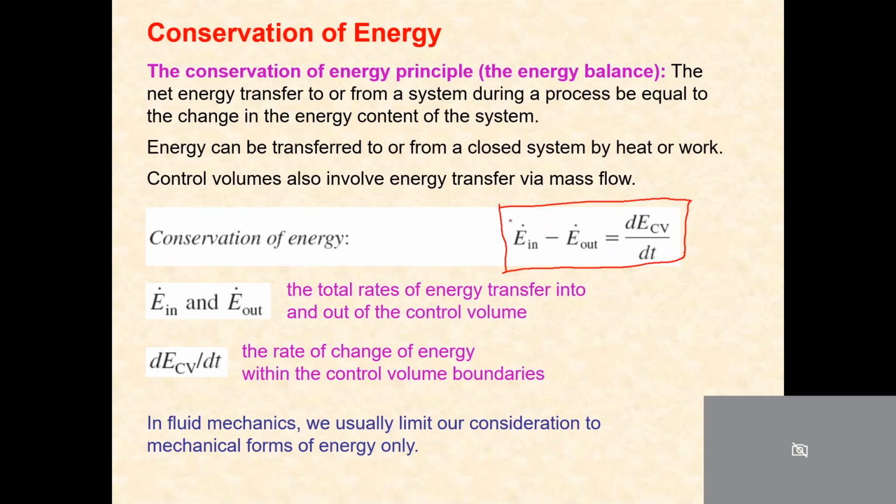There must be a source supplying the energy into the control volume. And if the energy in the control volume suddenly disappears, it doesn't disappear just like that. It disappears because it is being released from the control volume. Okay, so this is why we get this E out.